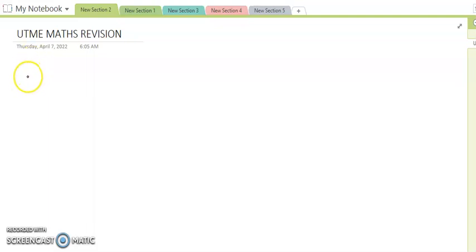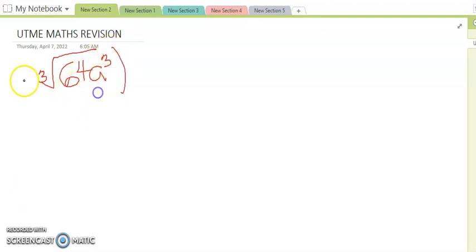The question says simplify the cube root of 64a raised to power 3, then everything raised to power minus 1.